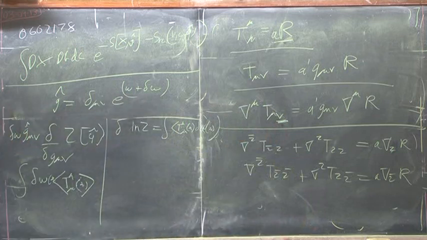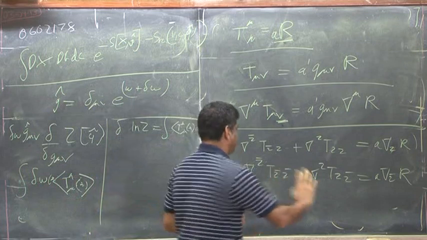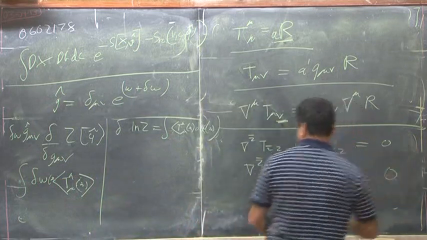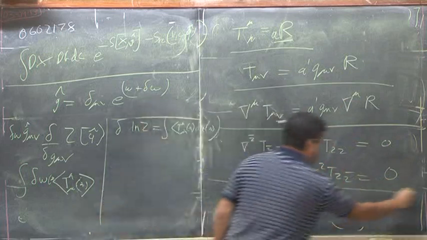No, sorry. Let me start. Two different manipulations. This is equal to 0. This is equal to 0. These are the equations I want. That's just conservation of the stress tensor.